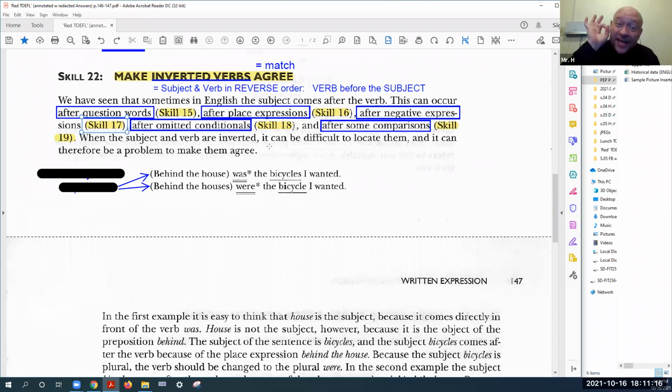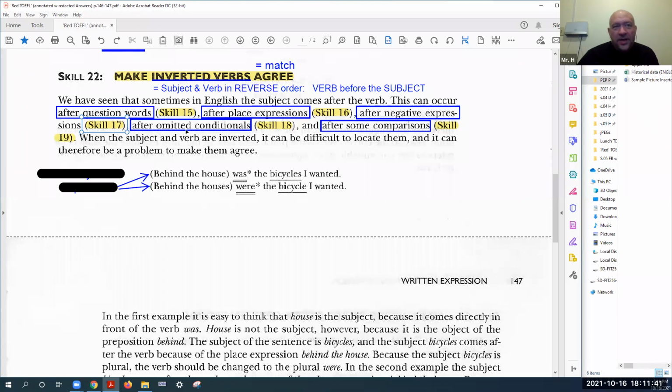So it's a negative time expression. It must be a time expression. Where is the negative time expression? At the beginning. If it's at the beginning, what happens? We invert. Good.